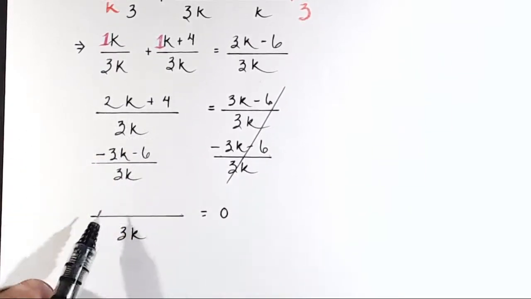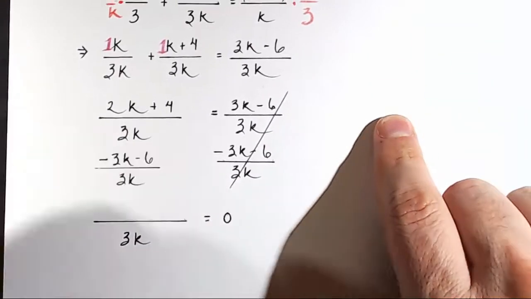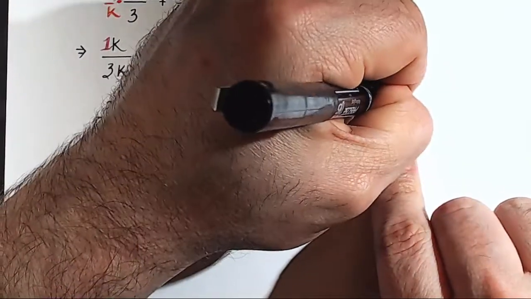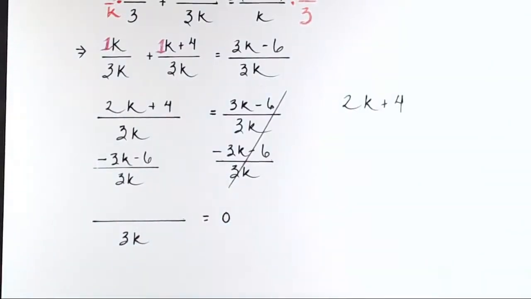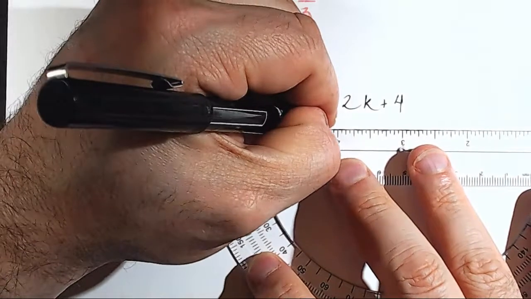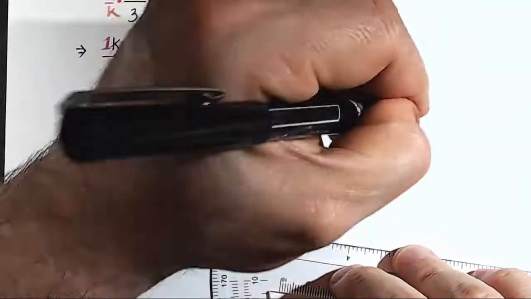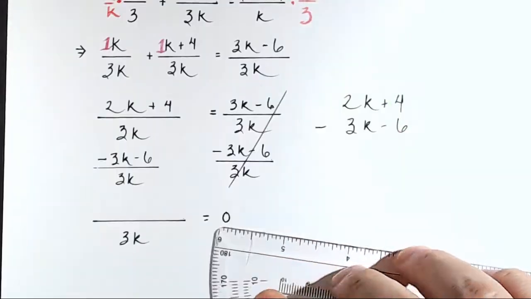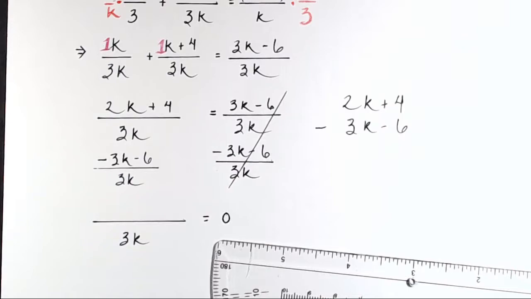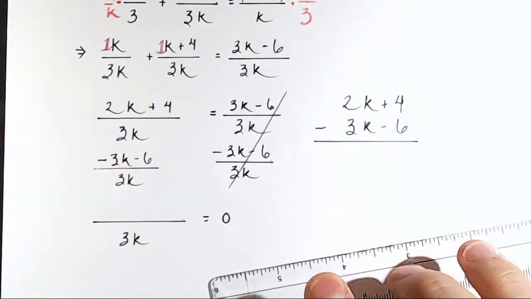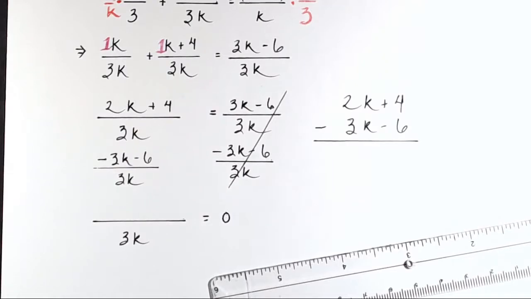So what do I do in the numerator here? And that's the key. So over in side work, we need to say 2k plus 4 minus (3k minus 6). Please be careful when you do this, because you might miss a negative change. Well, let's do this.